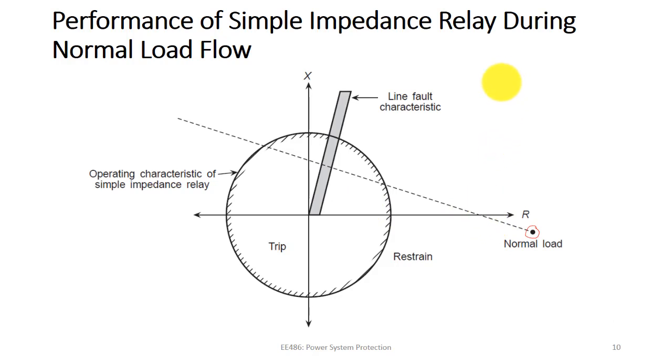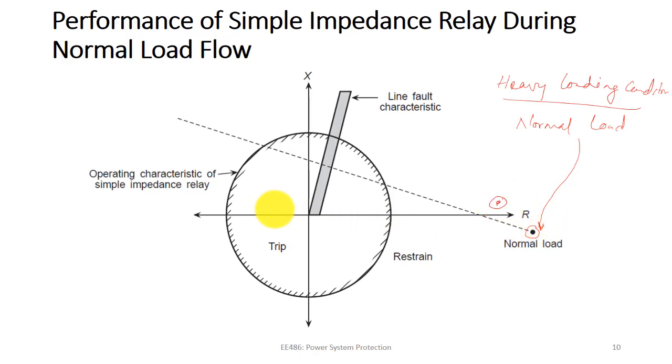If the load becomes very high, under heavy loading condition, the operating point may move towards the first quadrant. But under normal load condition, the operating point lies here, a little capacitive.